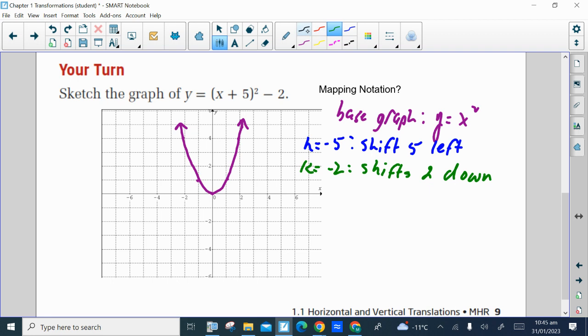So all the points will go 5 to the left and 2 down.